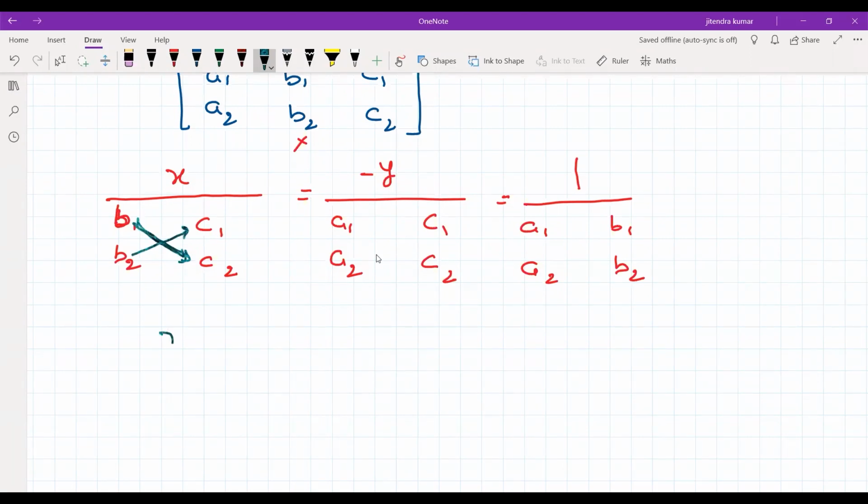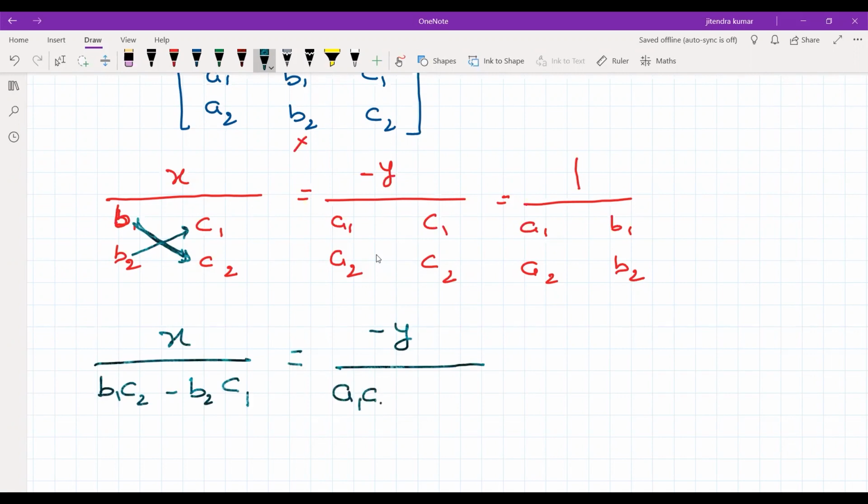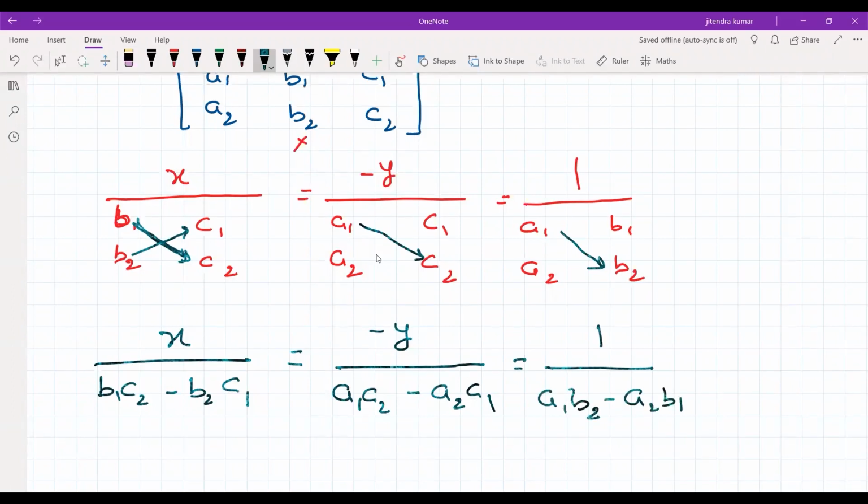It means you have to write like this: B1 C2 minus B2 C1 equal to minus y upon A1 C2 minus A2 C1 equal to 1 upon, again always multiply this column first, then the last column, then this another column: A1 B2 minus A2 B1.